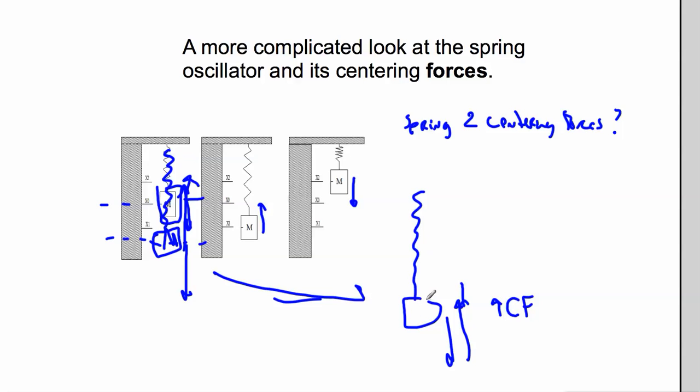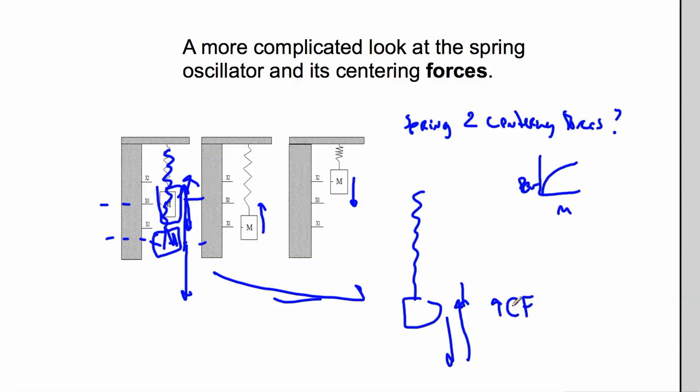When the spring is stretched more, you get more centering force. That should make the period shorter, but the inertia should make the period longer, which makes you think, well, maybe the period should be the same when you change the mass. But as we know, it's not. It's very clearly more mass means more period with an increasing shrinking rate.